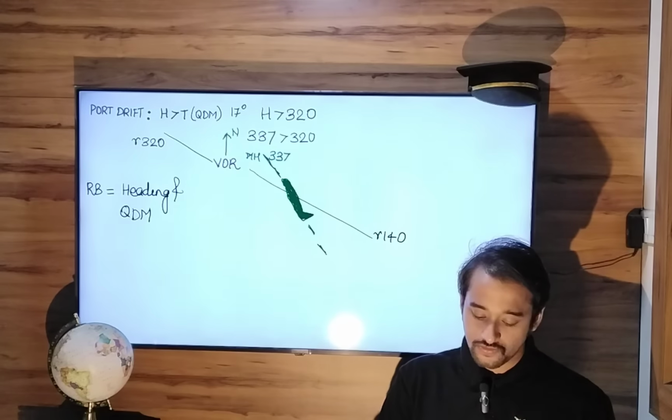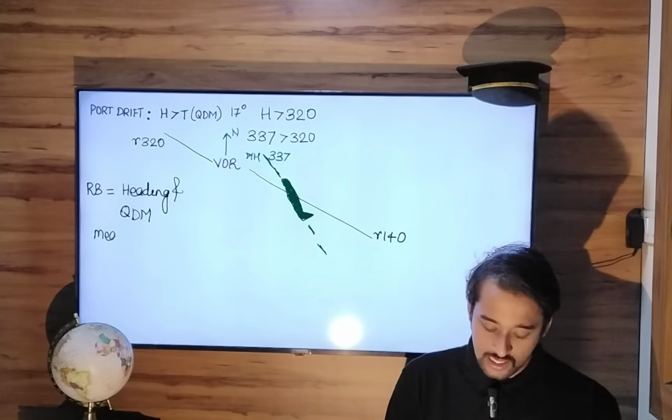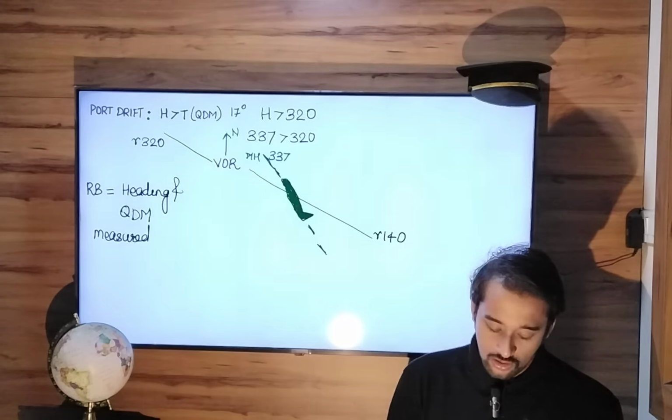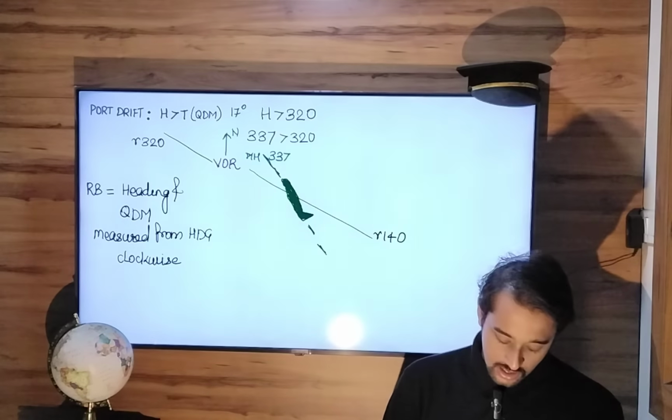It is always measured from heading in clockwise direction. So let's draw this.